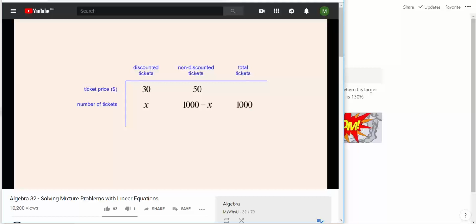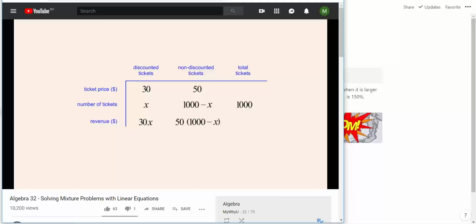In the third row, we list the revenue generated by each type of ticket given the ticket price and the number of tickets sold. The revenue produced by the discounted tickets is $30 times X tickets, or 30x dollars. Likewise, the revenue produced by the non-discounted tickets is $50 times 1,000 minus X tickets.